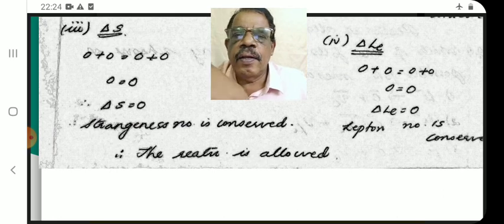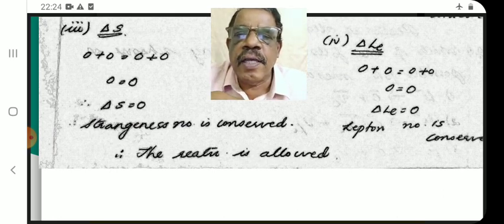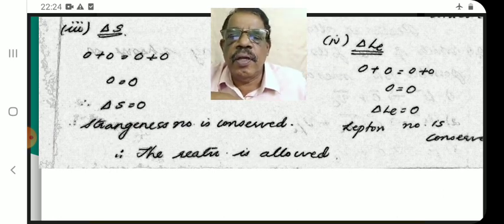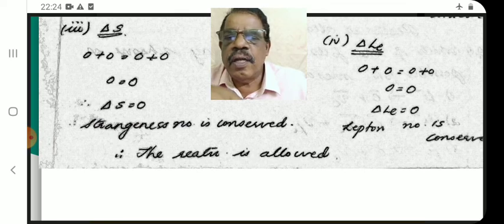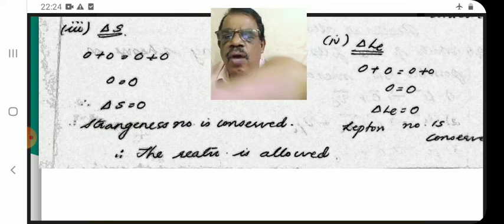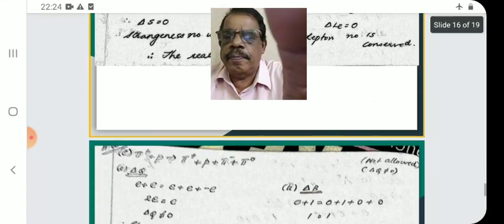Delta L, all particles are other than leptons, therefore 0 plus 0 is 0 plus 0, 0 is equal to 0, delta L is 0, lepton number is conserved. The reaction is allowed, the reaction is possible.